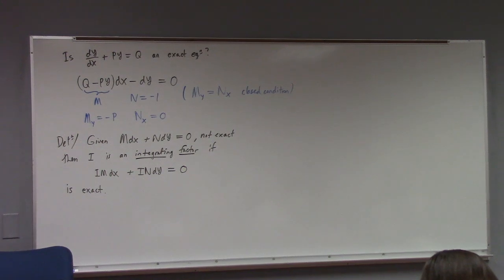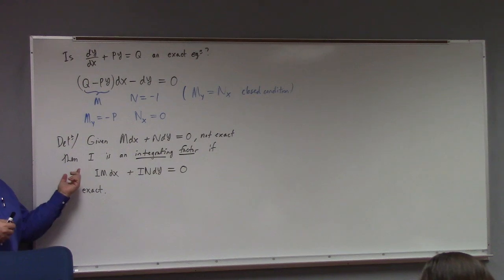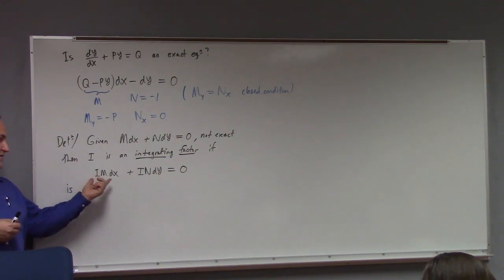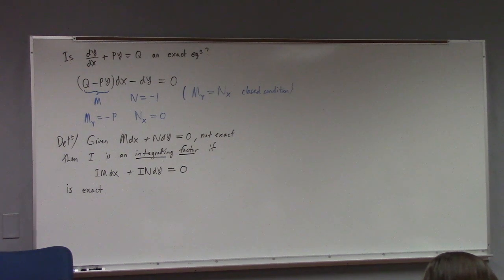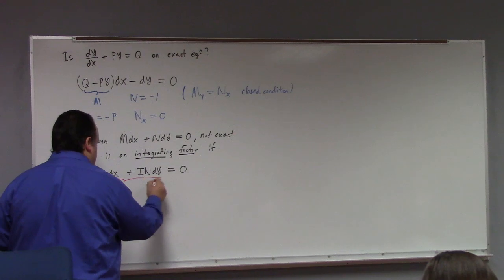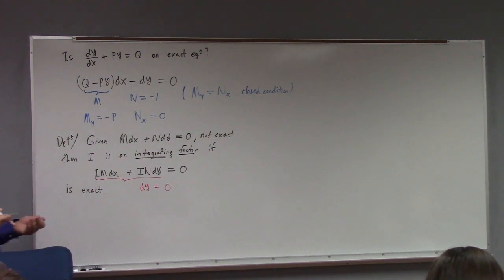In fact, if you think about it, if this works, right? If multiplying by I makes this exact, what does that mean? That means that you can write that Pfaffian form as the differential of some level function, right? That means that this is equal to dg equals 0, and then we're off to the races. We know the solution, right? g equal to a constant.